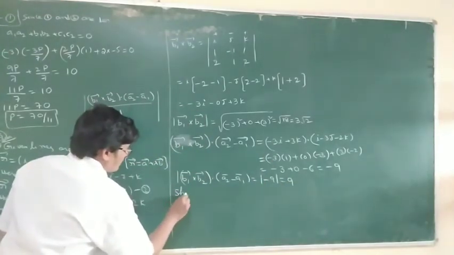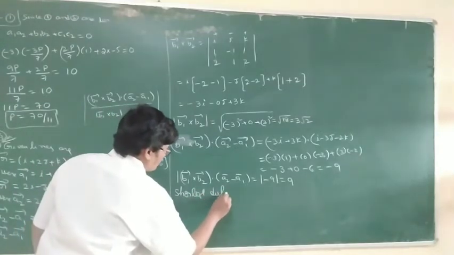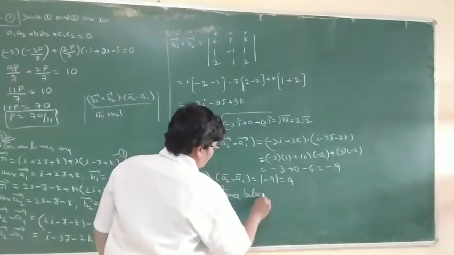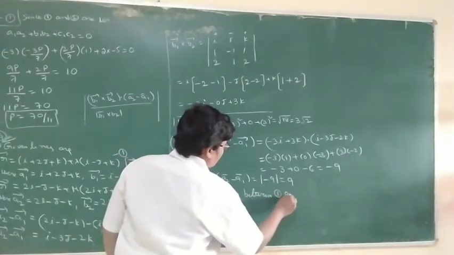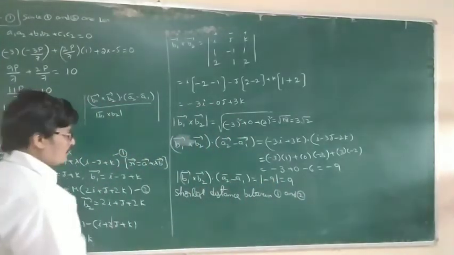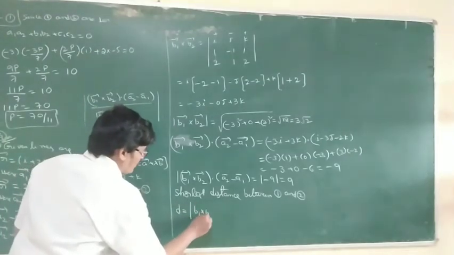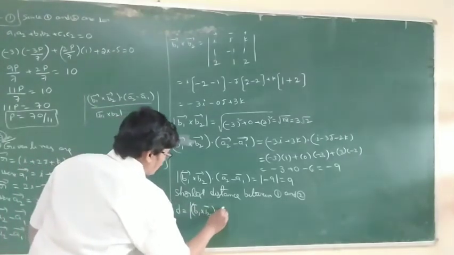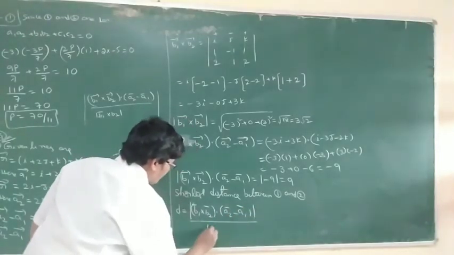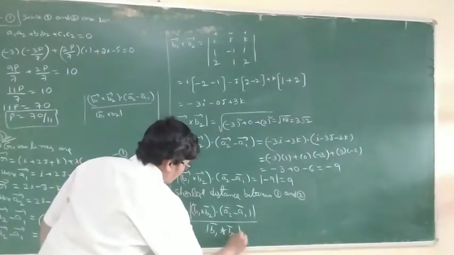So the shortest distance between lines 1 and 2 is d, equal to the formula: mod of b1 cross b2 bar dot a2 bar minus a1 bar, by mod b1 cross b2 bar.